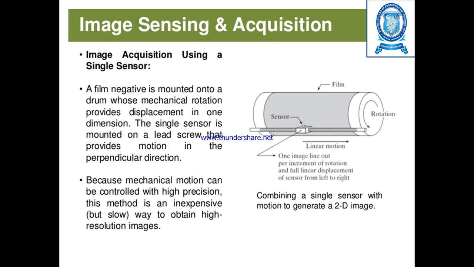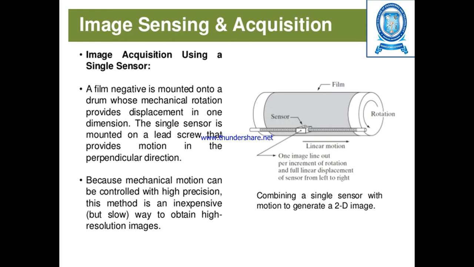Here we combine the single sensors and rotate them to get an output 2D image.